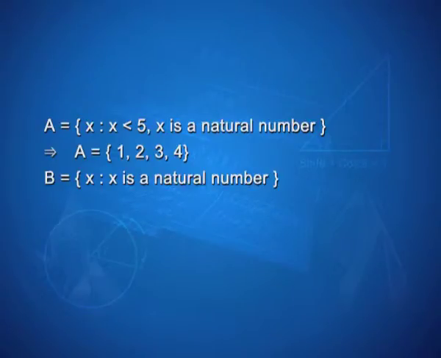But if B is a set of elements x such that x is a natural number, then this set B will have the elements 1, 2, 3, 4, 5 and this will go on endlessly. Thus, B is called an infinite set. So, we can say that an empty set or a set that contains a finite number of elements is called a finite set, otherwise it is called an infinite set.